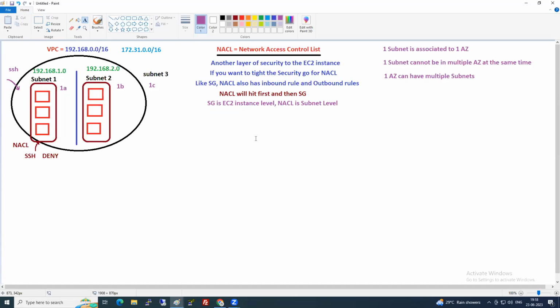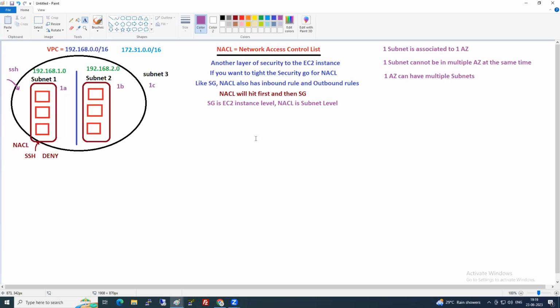So guys, generally no one will talk about NACLs. I'm not saying it's just me, many people don't talk about NACLs. They talk about security groups because by default inbound rules are deny. We also have a default NACL.